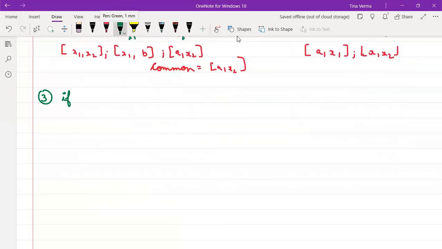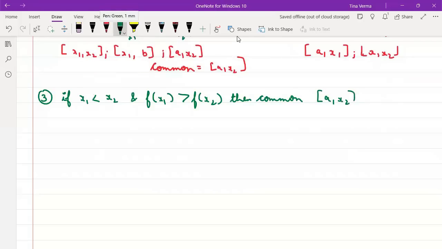सॉल्व कर लोगे केसेस? मैं लिख दूं सिर्फ, if x1 is less than x2 and function's value at x1 is greater than function value at x2, then the common interval that you can find will be उल्टा हो जाएगा यहाँ पे ax2 because negative of that.